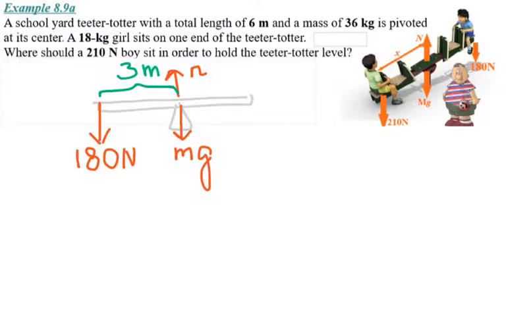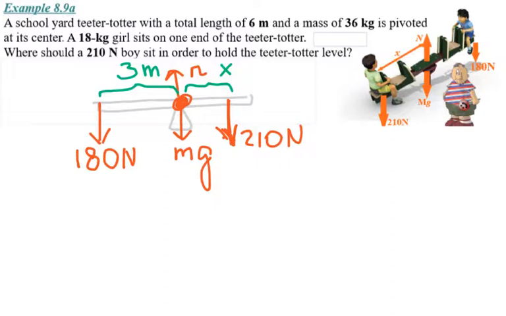My point of rotation is where the teeter-totter is supported, and where should the other boy with the weight of 210 newtons sit? So he is going to be sitting at some distance, let's call it x. And where should he sit so that the teeter-totter is going to stay in the level position?